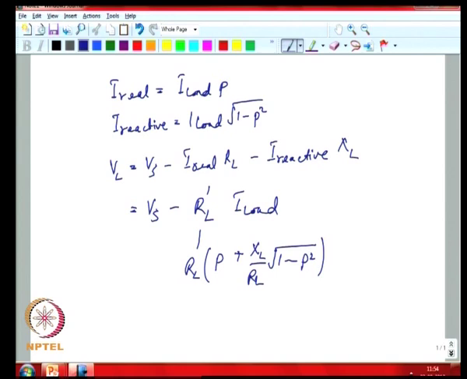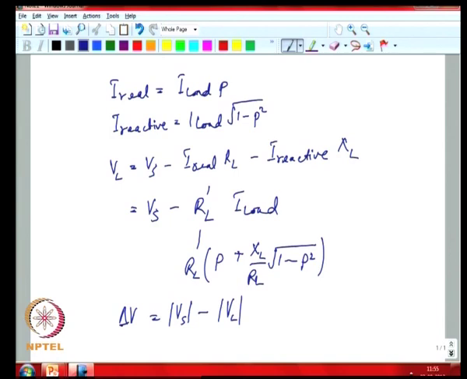So, with that we can calculate what your voltage regulation at the load is. The voltage drop that you would see is essentially the amplitude of your source voltage minus the amplitude of the voltage seen at the load. Then you could see the effect of connecting loads all along the feeder.